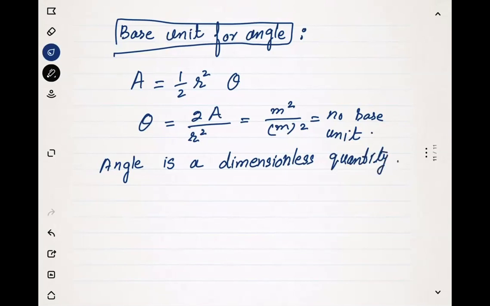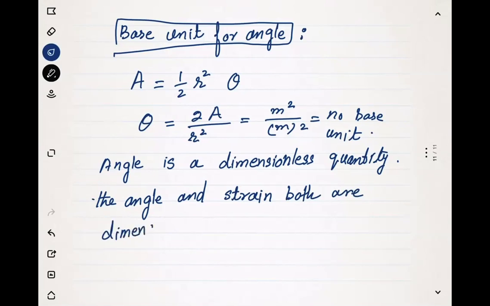We must say that the angle and strain both are dimensionless. So if a quantity has no base units, it is called dimensionless.